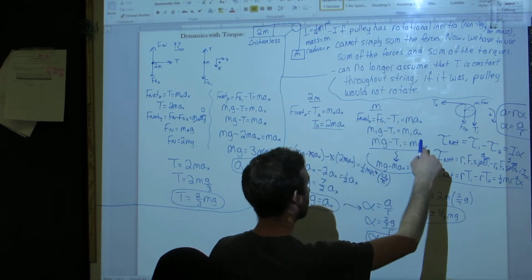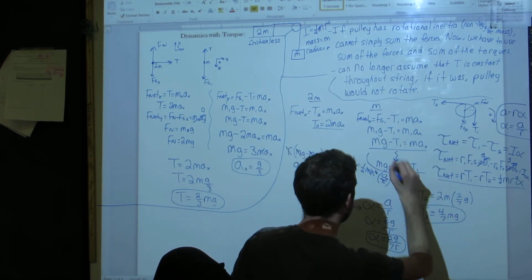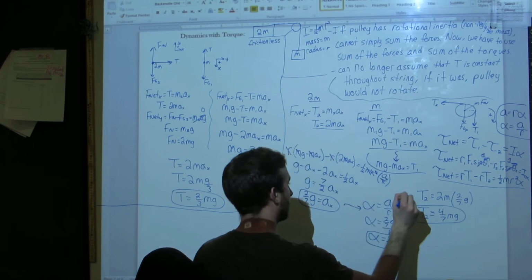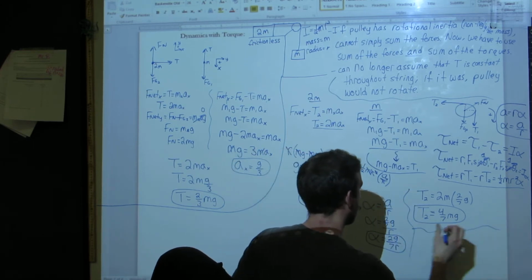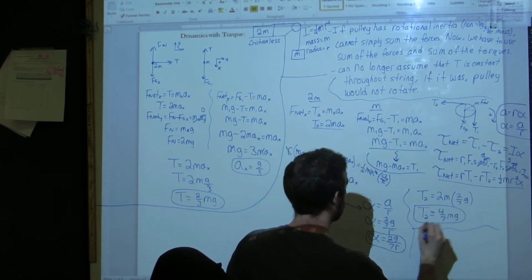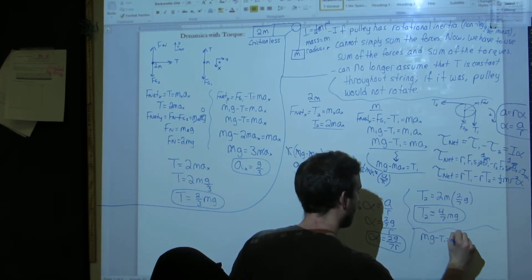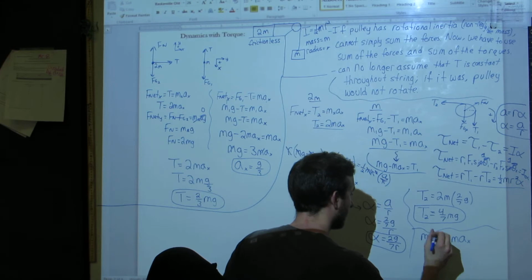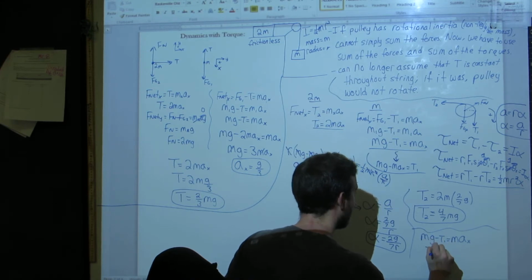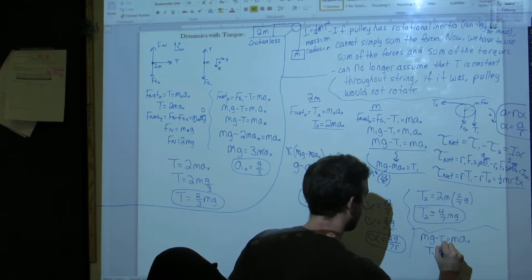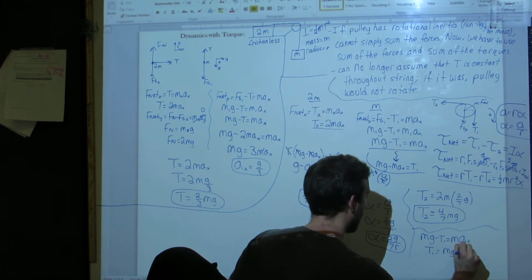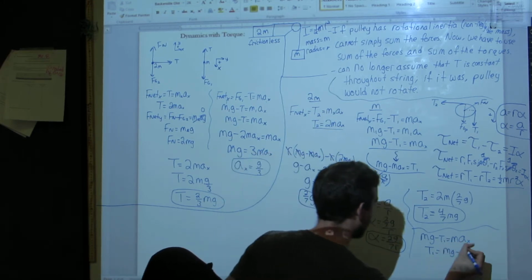And T1, I should separate these. Let's see, we had mg minus T1 equals m AX. So we had T1 equals mg minus m AX. AX is 2/7 G.